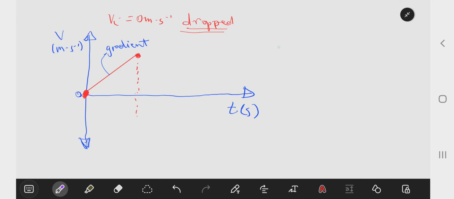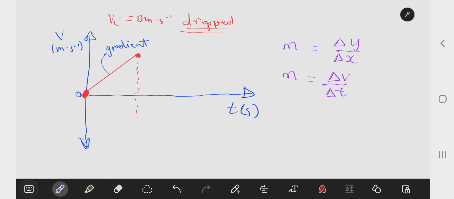So the gradient is equal to change in y over change in x, right? But since on the y-axis we have velocity, then our gradient is equal to change in velocity over change in, on the x-axis we have time.